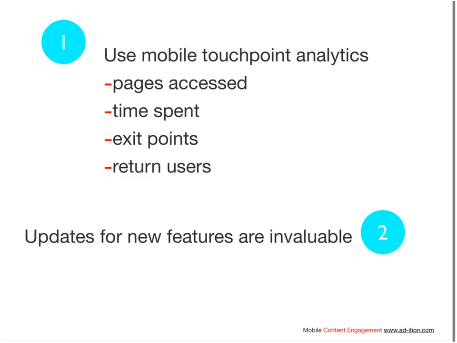You want to see what pages they go into, how deeply they penetrate your application, content or pages, how much time they spend, when they exit, and how many of them are return users using mobile. A lot of times when you check it out, there are differences between how folks access your classified website from a mobile device versus a PC. There are some differences in what they do when they're with you.